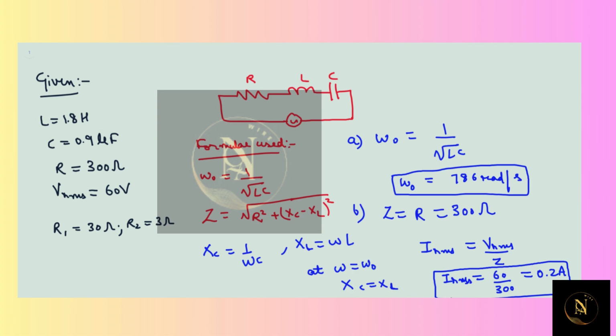Now we go to the C part. We have I equals 1 over root 2 of Irms, which is equal to Vrms over Z, which is equal to Vrms over the square root of R squared plus (XC minus XL) squared.